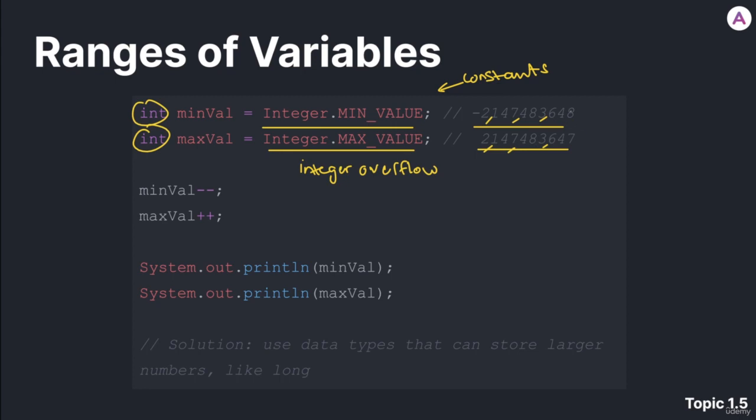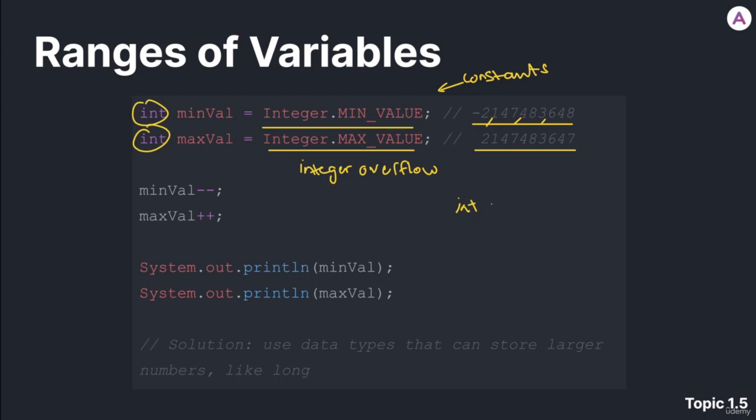The negative number goes one below if you take the absolute value. If you look at these two values, you'll notice that they are close to positive and negative 2 billion.